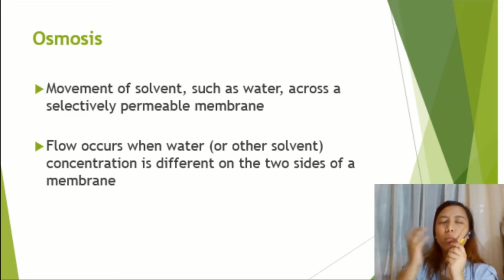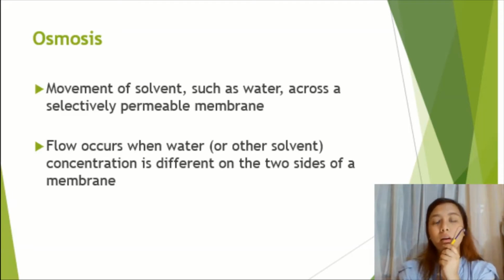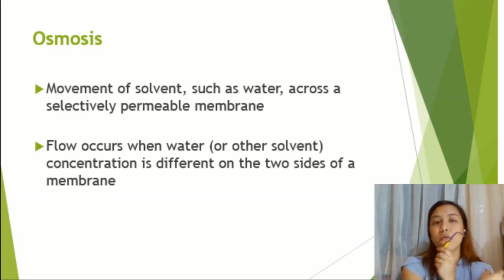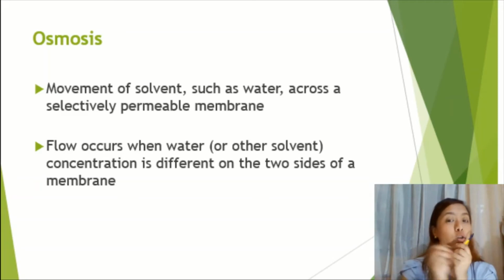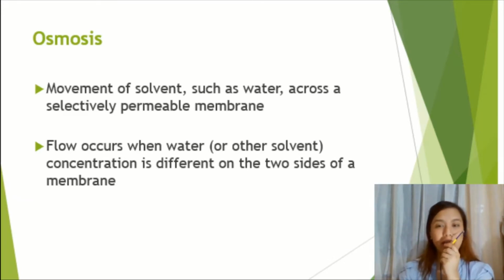So remember, higher concentration of your solvent molecules going to lower concentration of your solvent molecules. It's different from diffusion. Diffusion is all about solute. Okay? So from a higher solute concentration solution going to lower solute concentration. Osmosis is the solvent. High solvent concentration going to low solvent concentration.